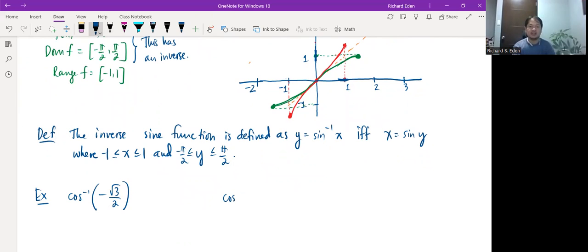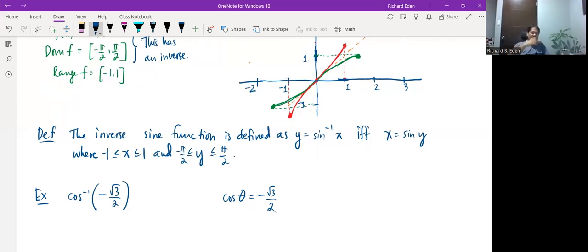So we're looking for an angle theta such that cosine of theta is negative square root of 3 over 2. Now, there are in fact infinitely many angles whose cosine is negative square root of 3 over 2. Because cosine theta is negative, that means theta is in either the second or third quadrants. And once you have identified that angle, you can add 2 pi or subtract 2 pi.